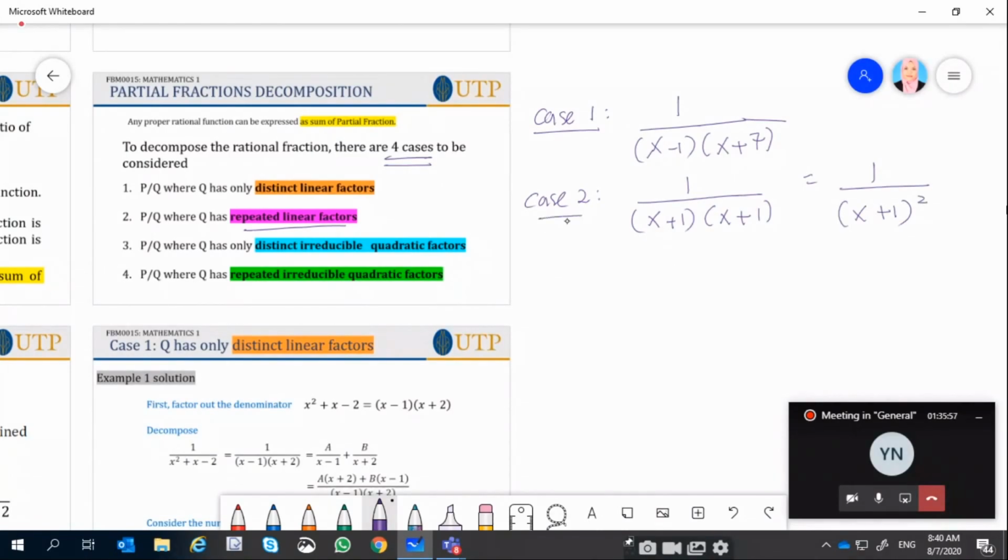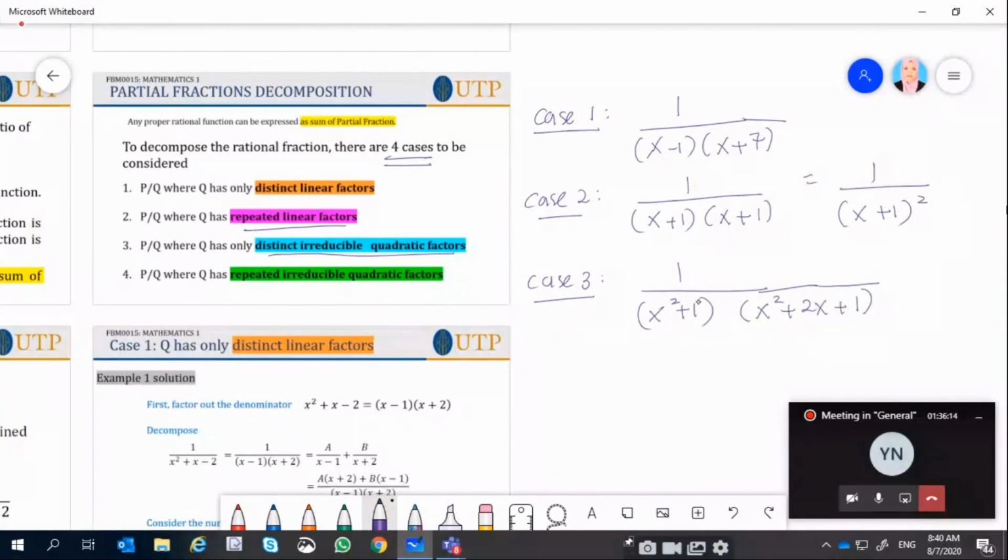For case number 3, distinct irreducible quadratic factors: 1 over s square plus 1 and s square plus 2s plus 1.